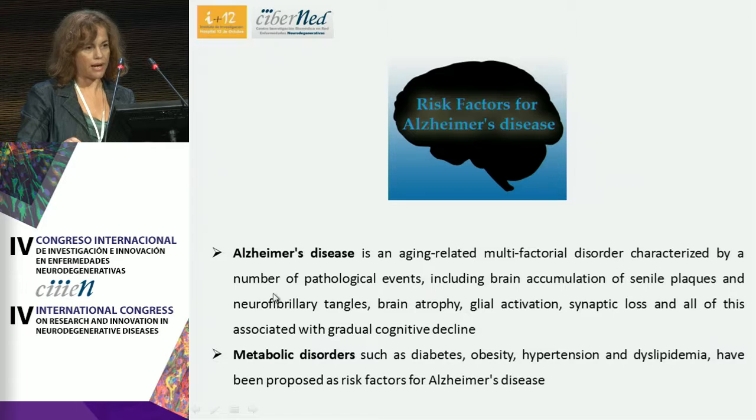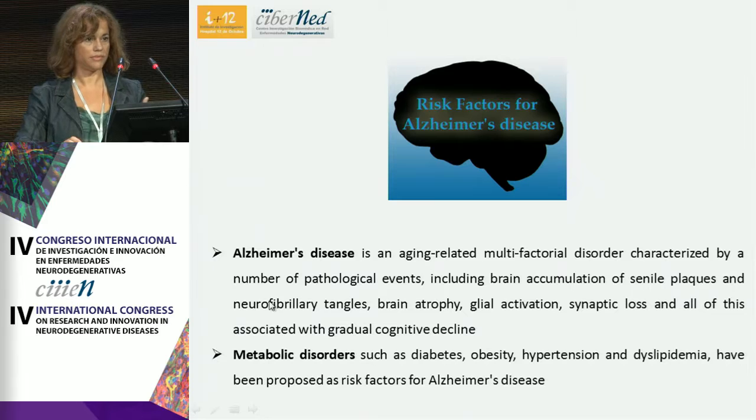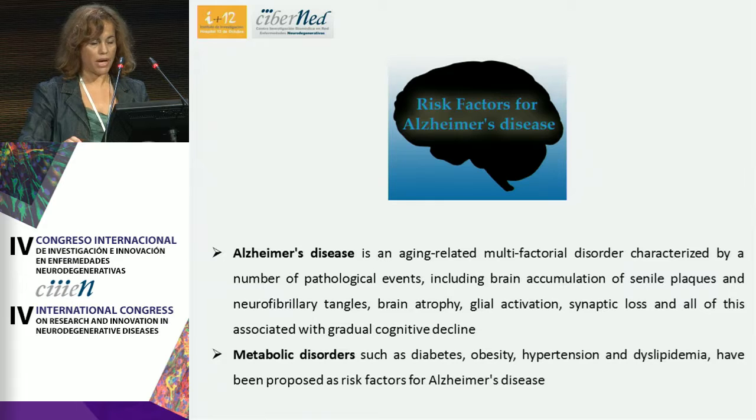But in Alzheimer's disease, some of these characteristics, for instance, glial activation, the inflammation, or synaptic loss, may be accelerated or disrupted by many factors, not only by beta amyloid or by neurofibrillary tangles, but also by hormones, lipids, lipidemia, and obesity.